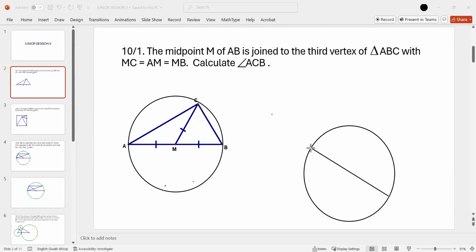Let's make it look like this. Imagine the center is there, and we have just drawn it through the center.